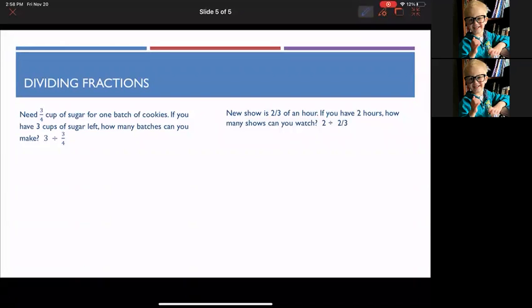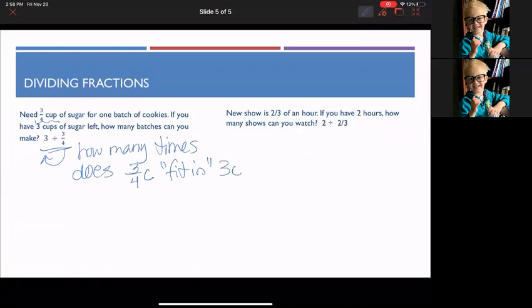So now let's get into division. In class, remember we talked about this 3/4 of a cup of sugar. How many times, right? How many times does 3/4 cup fit in? Or how many can we take away, right? This idea of repeated subtraction, fit in 3 cups.